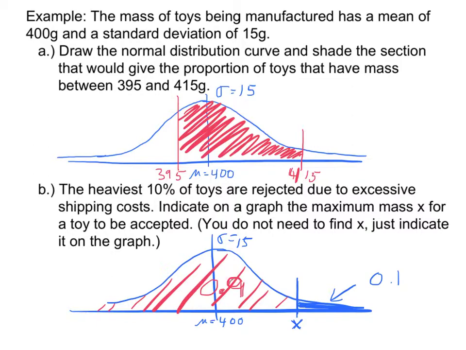When we use the calculator for this, it's always going to want to know the area to the left of the thing you're looking at. So if they say 10% are above a certain mark, great, that means 90% are lower than that. And that 90% is the probability that we'll work with. Again, in the next video we'll talk about how we compute this. Right now we're just talking about how to set them up.